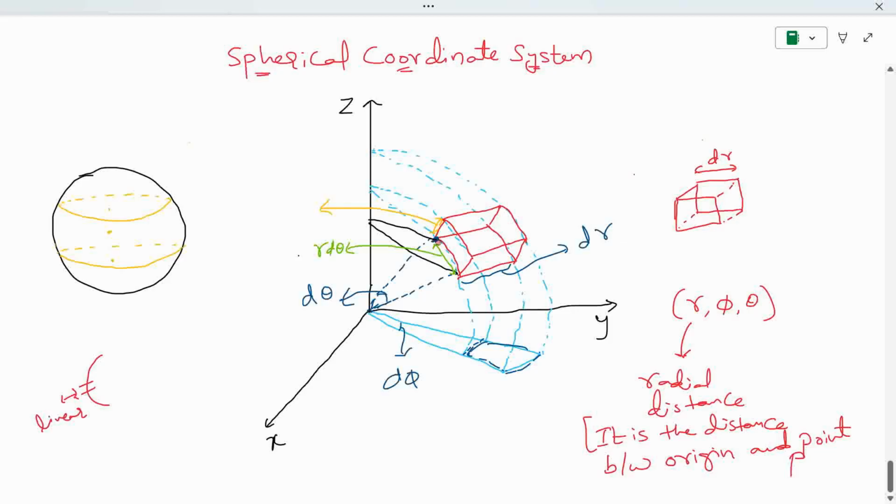So for example, we can consider point P here. So this will be the r, and phi is the azimuthal angle, and theta is the polar angle.